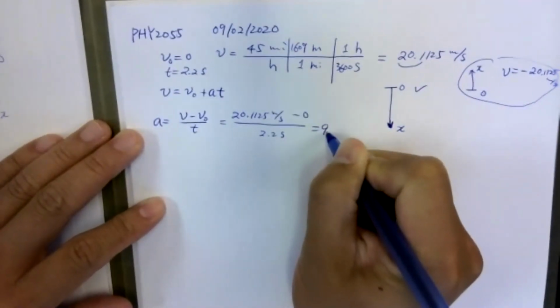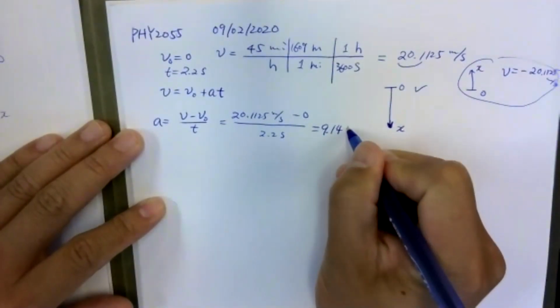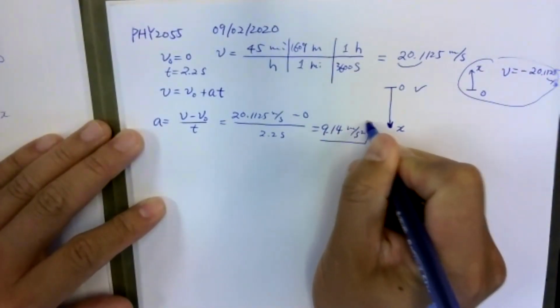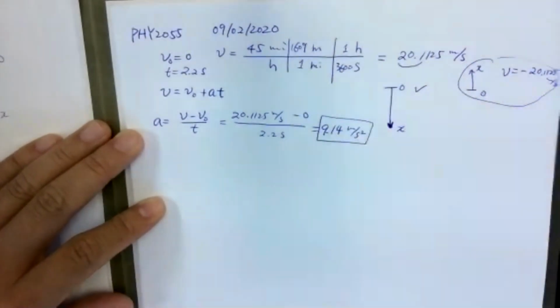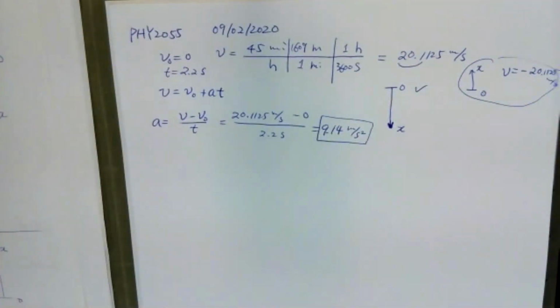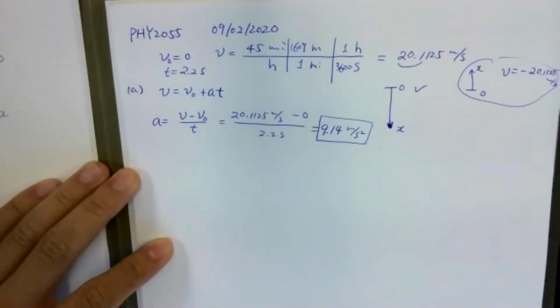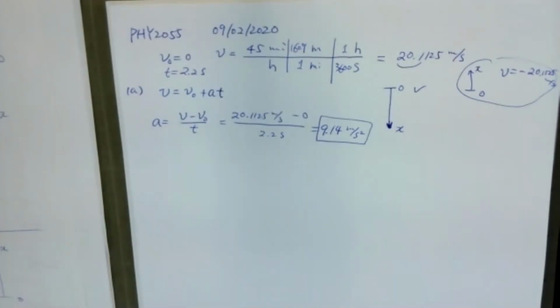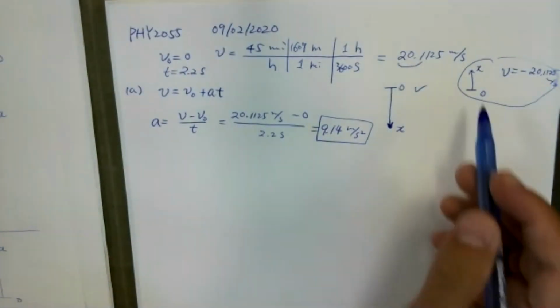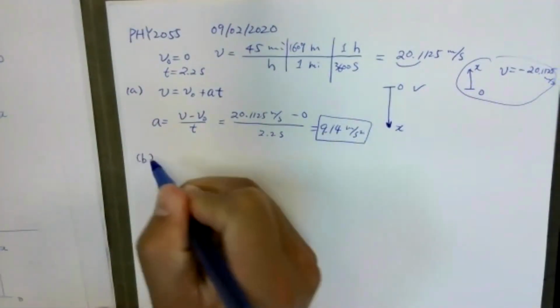This tells you roughly 9.14 meters per second squared. The positive indicates this is going downward in this case. And a couple of you said negative. I'm assuming you picked upward to be the positive direction.